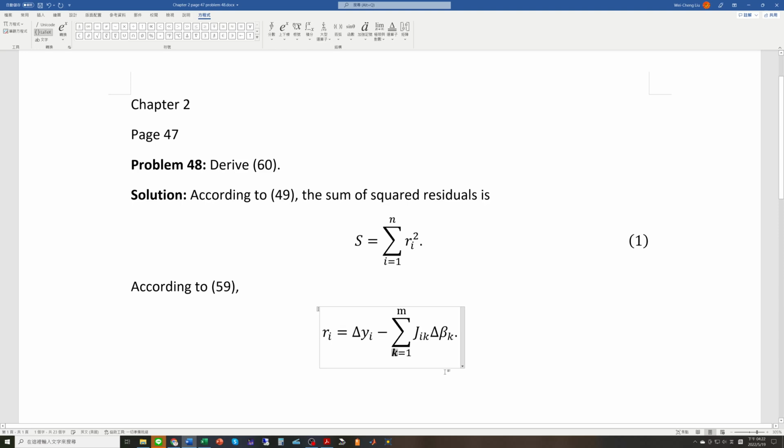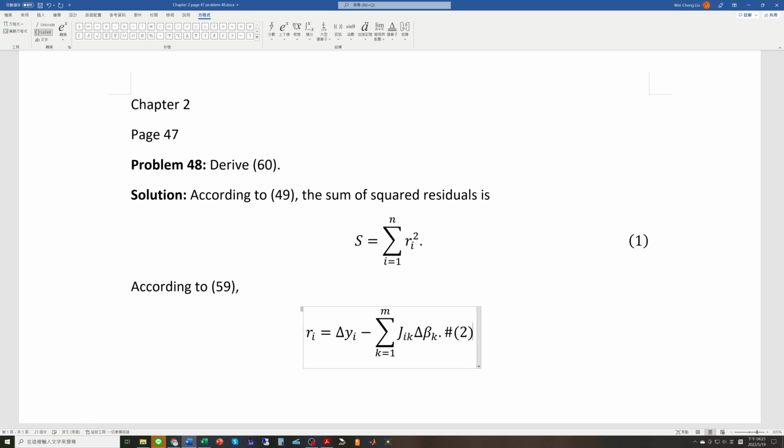K should be italic, and this m should also be italic. So this is equation 2.